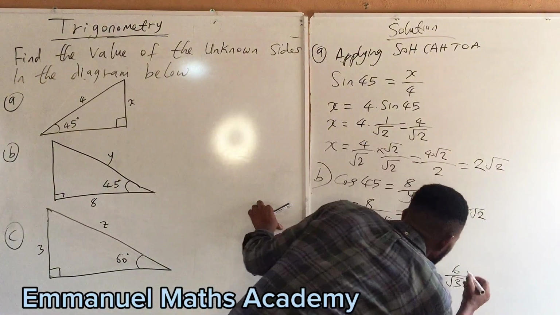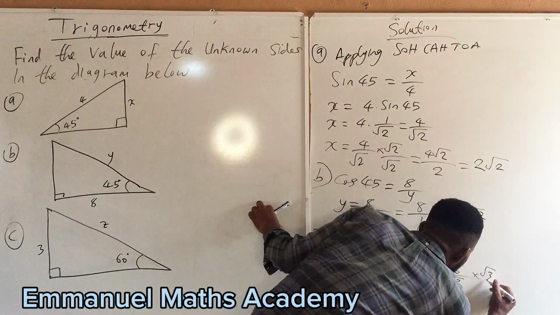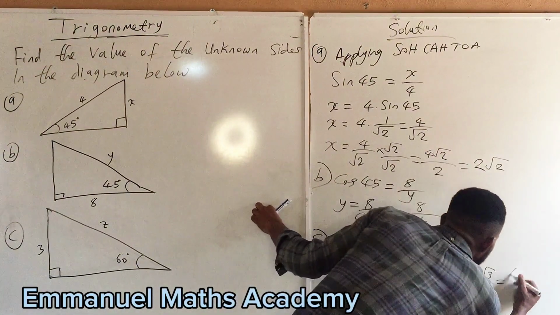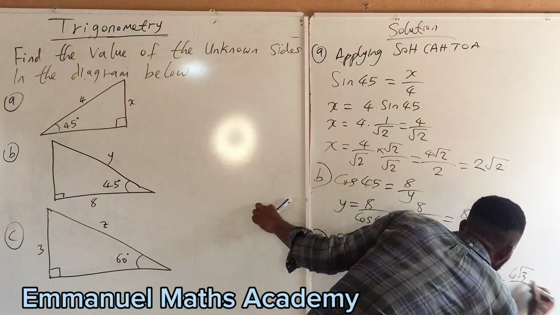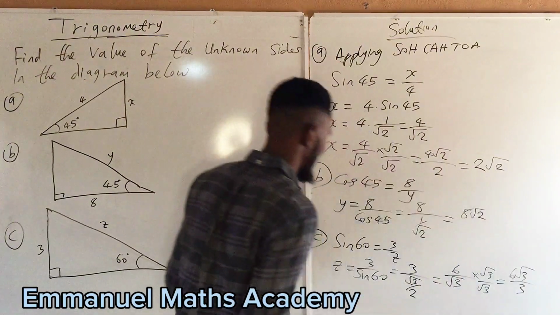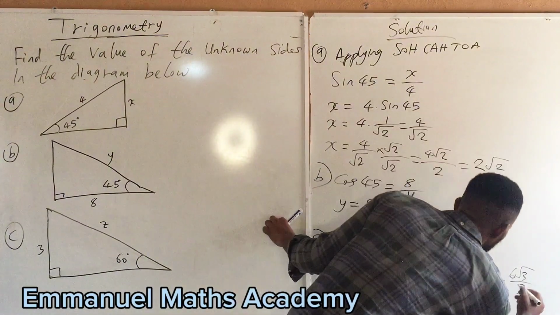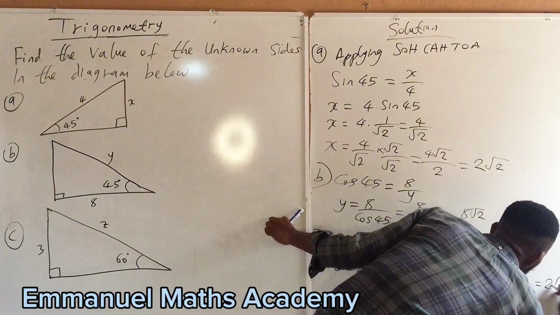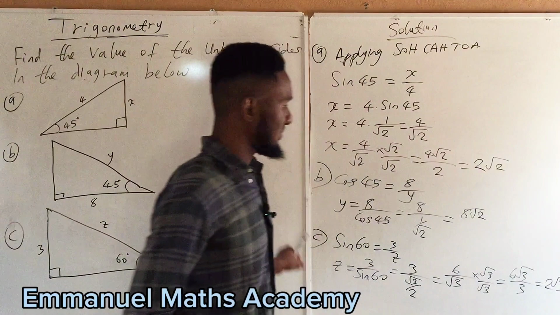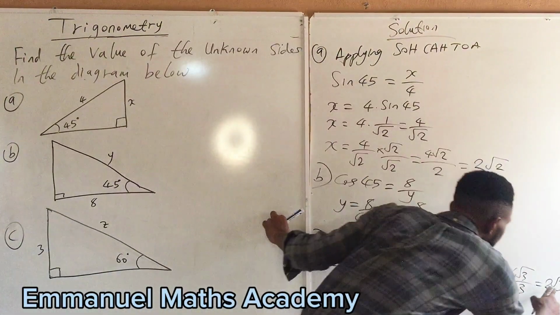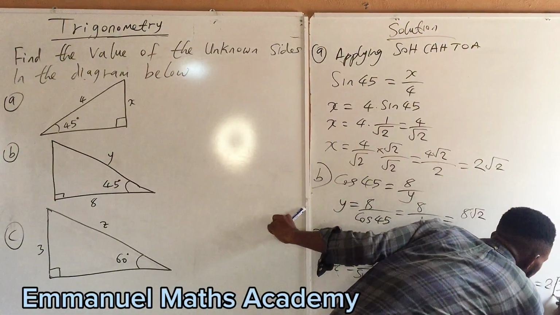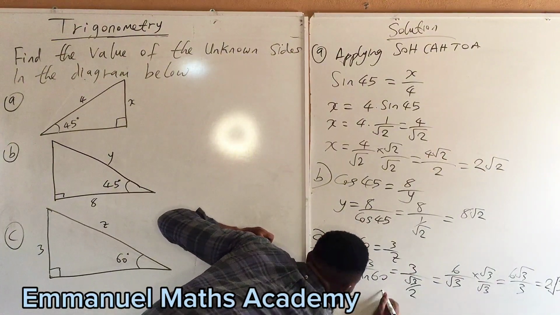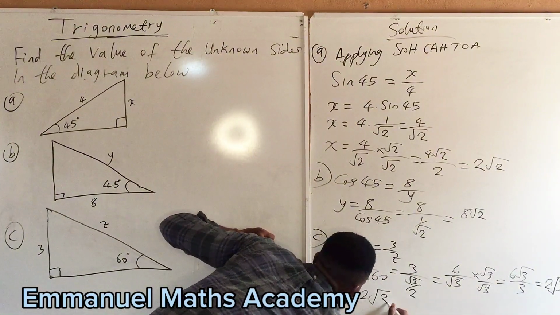Now, to rationalize this, you have times root 3 over root 3, which will be equal to 6 root 3 over 3. Dividing this, you have 2 root 3. Is that clear? Hence, z is equal to 2 root 3.